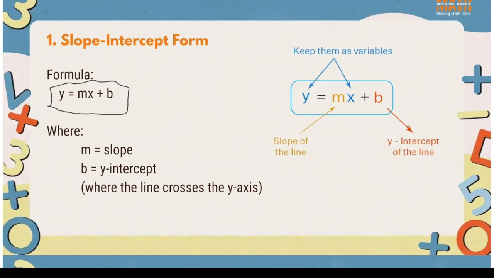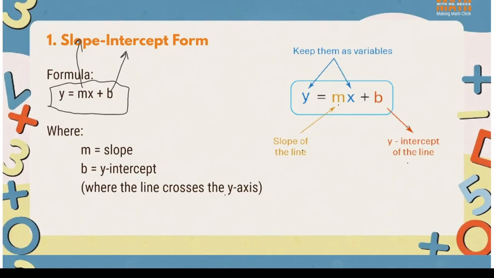And don't forget, I explained that m is the slope, and here now b is the intercept. That's why it's called the slope-intercept form. So m is the slope of the line and b is the y-intercept of the line. The y-intercept means where the line crosses the y-axis.